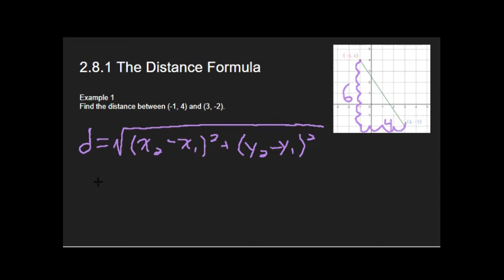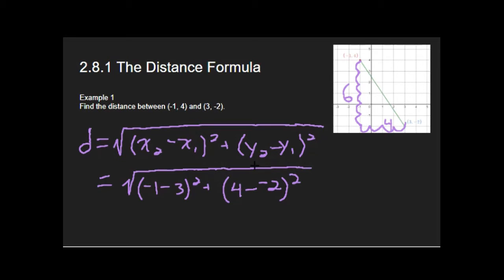So let's go ahead and say that this is equal to the square root. We'll just go in order. So we'll say -1 minus our other x, 3, squared, plus, now our y's, 4 minus -2. Now this is another place where students often get messed up: if it's a negative, remember you need to subtract that negative so it becomes a positive.